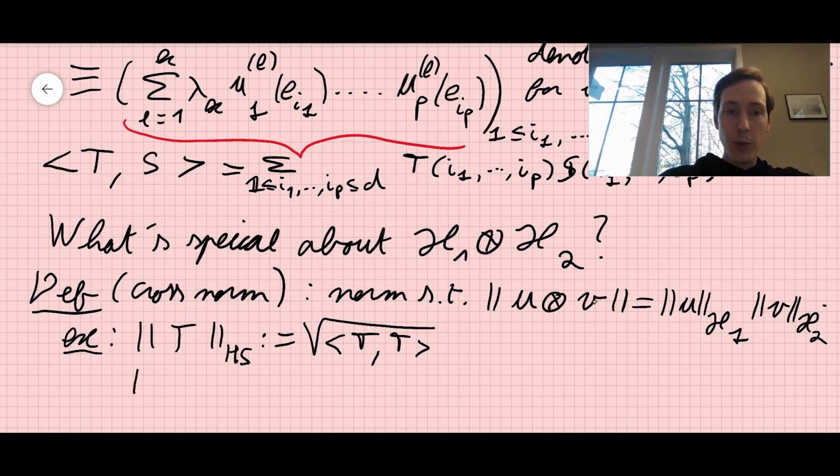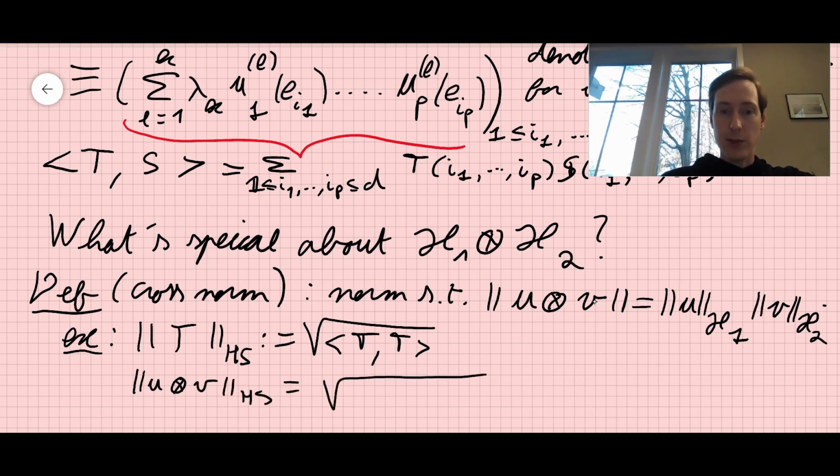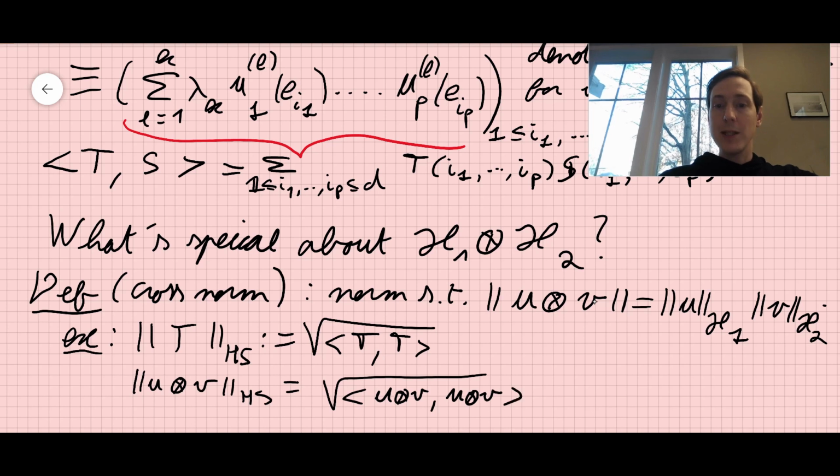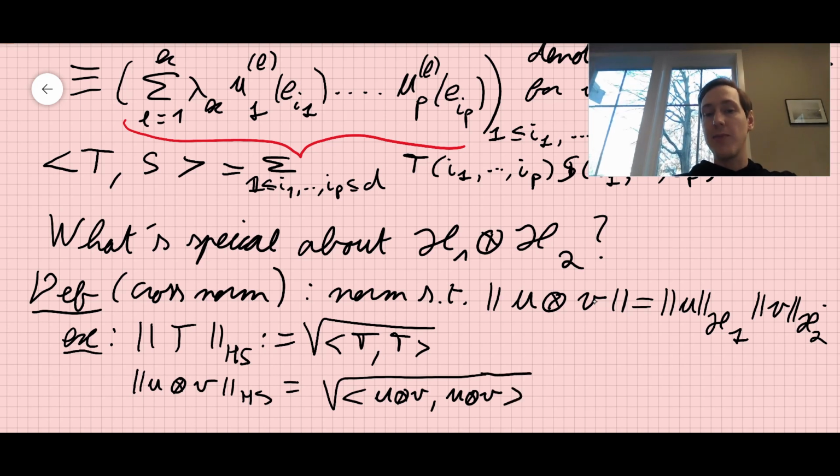We want the Hilbert-Schmidt norm of U times V. It's the square root of the inner product of U times V with U times V. But remember, the inner product is nothing but the bilinear form evaluated on the corresponding vectors.